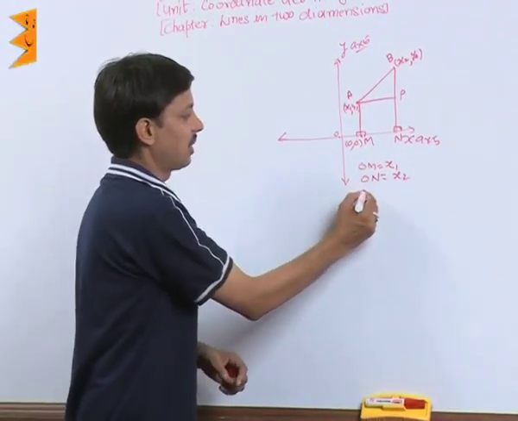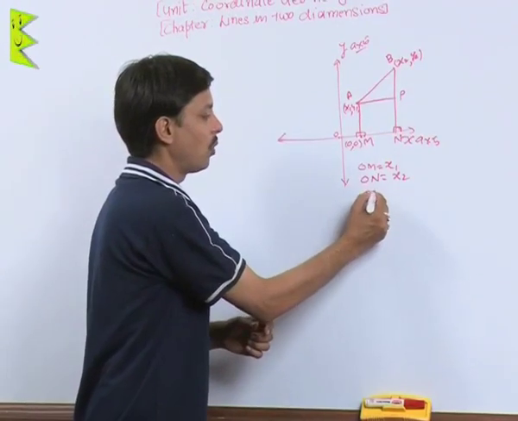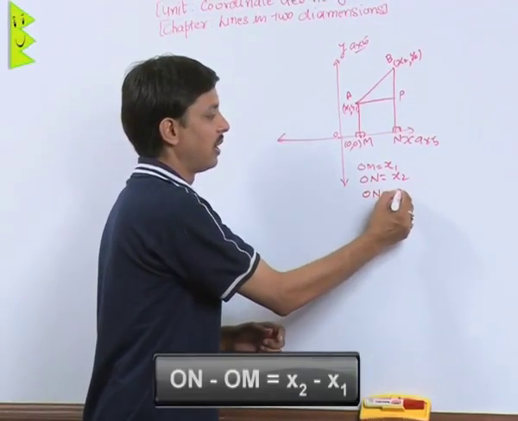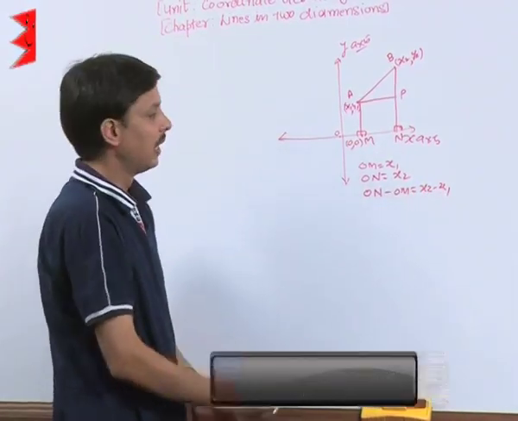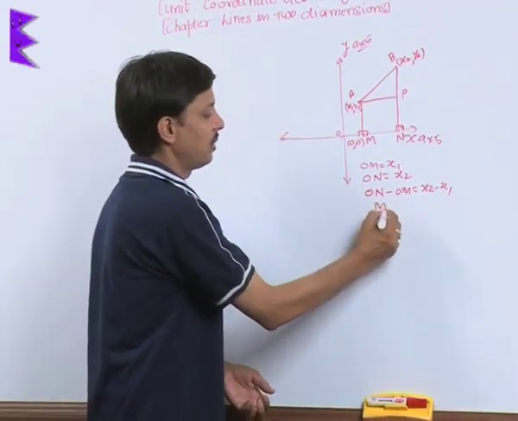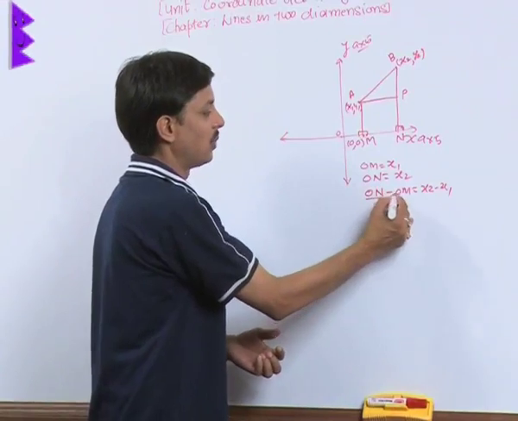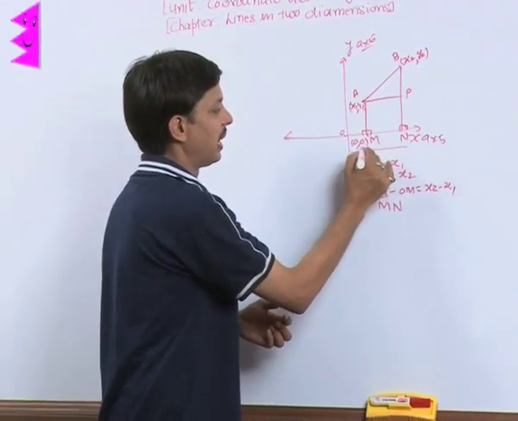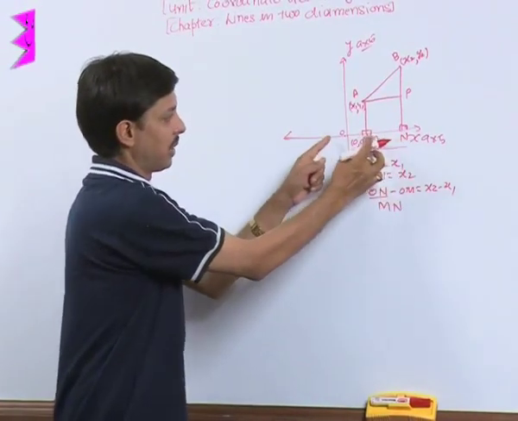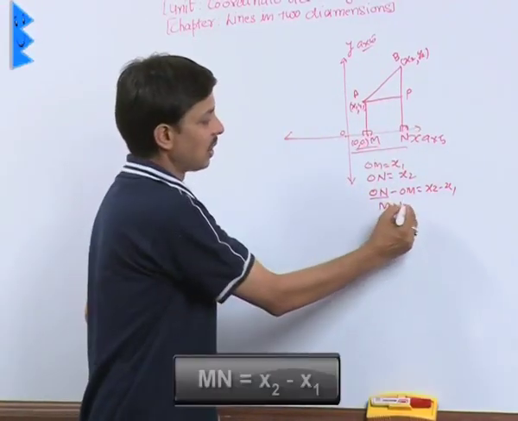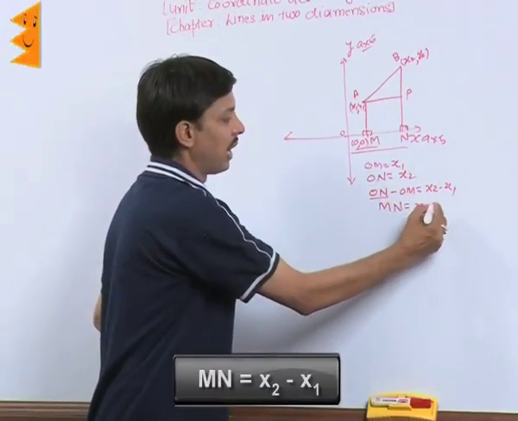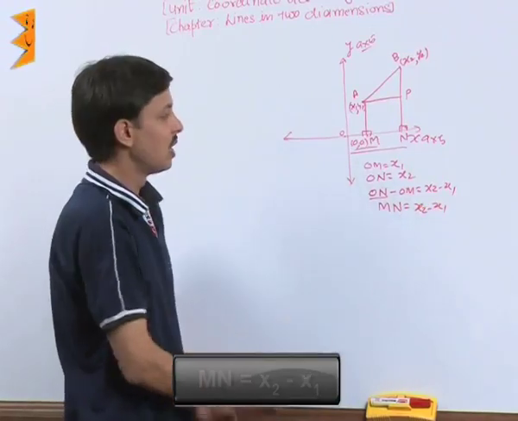If I subtract OM from ON, ON minus OM becomes x2 minus x1. This is the distance MN. The answer of MN comes out to be x2 minus x1.